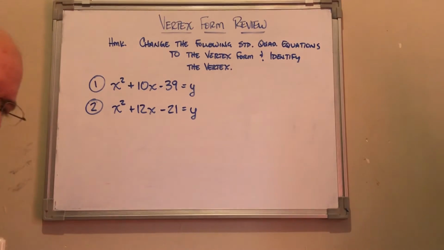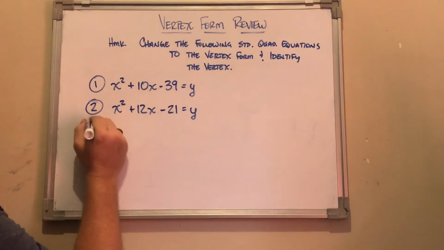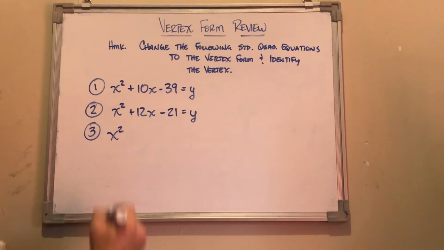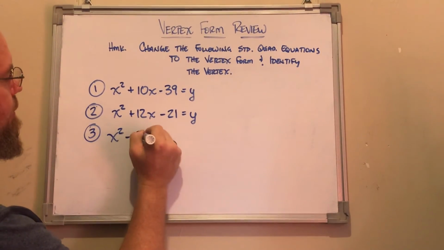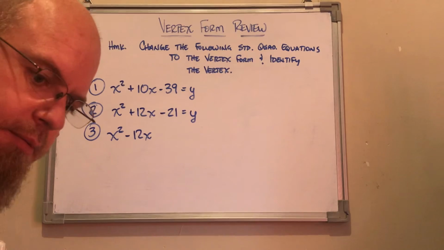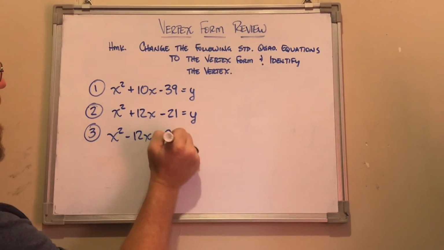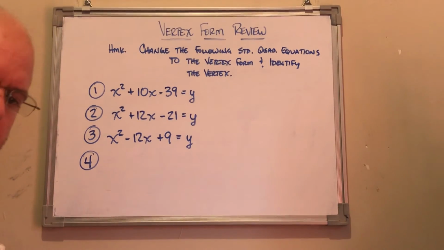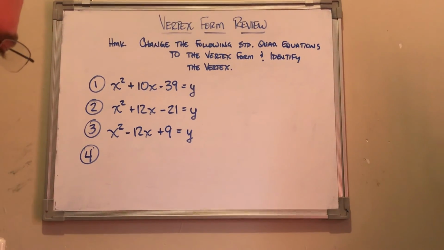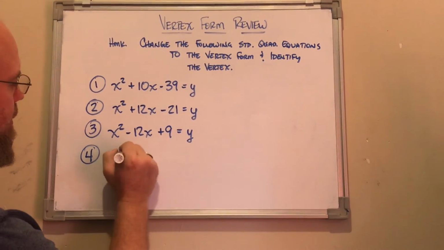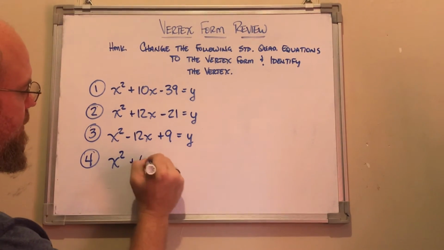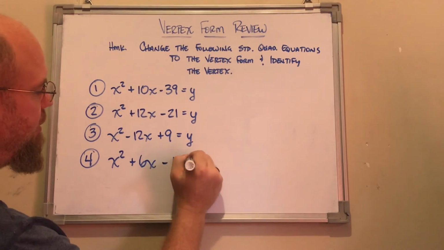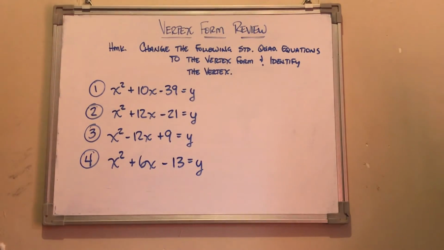Next one: x squared minus 12x plus 9 equals y. Number 4 is x squared plus 6x minus 13 equals y.